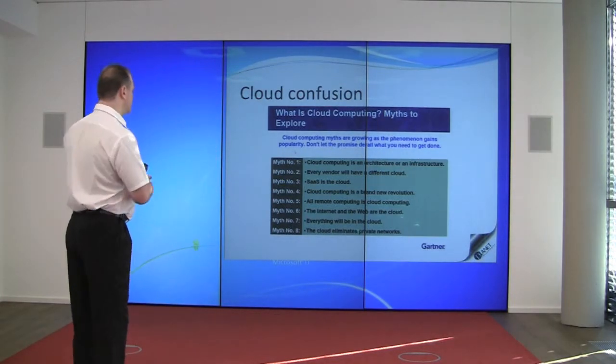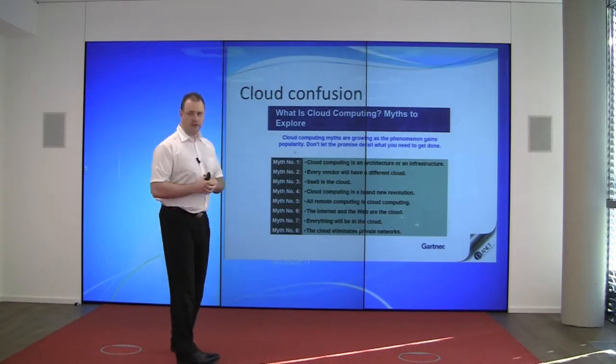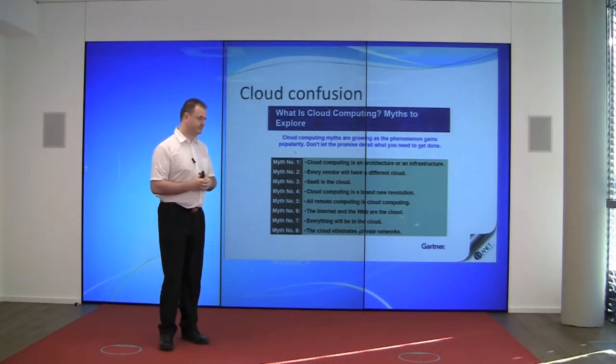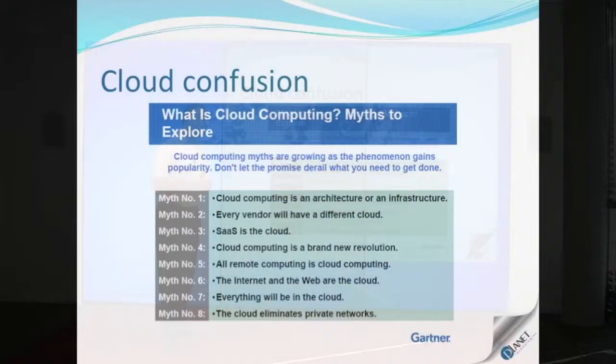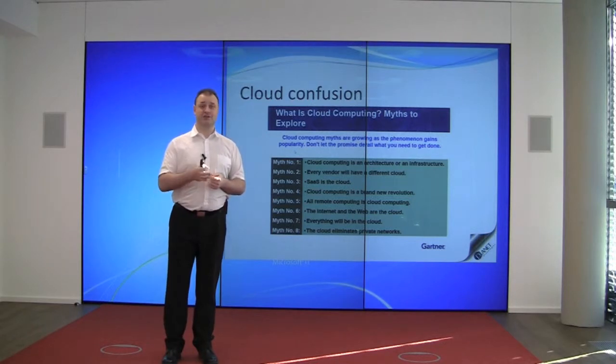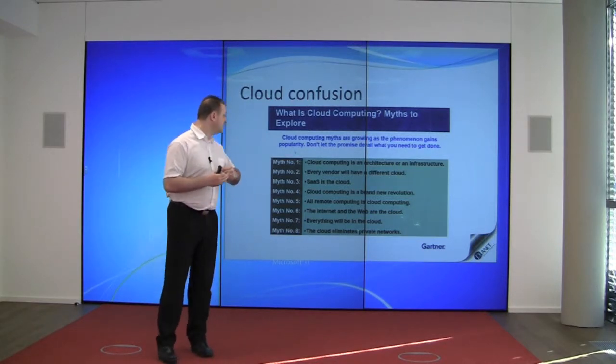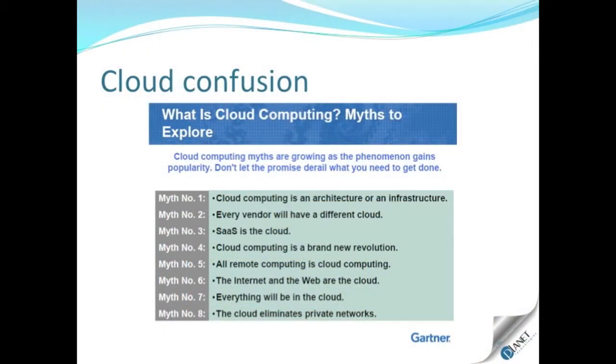There is a whole lot of confusion in the market space. Here are some myths. Gartner compiled a list of cloud myths. Myth number 1, cloud computing is an architecture or an infrastructure. Well, hopefully we've just established that cloud computing is actually a definition of service types. Myth number 2, every vendor will have a different cloud.